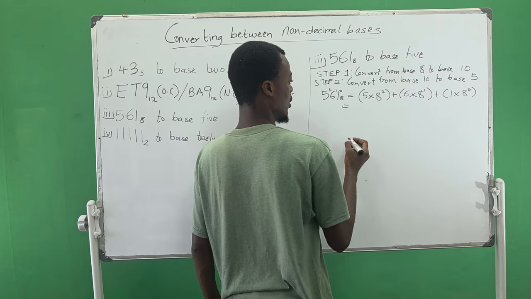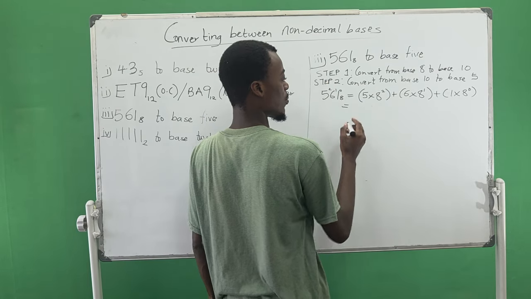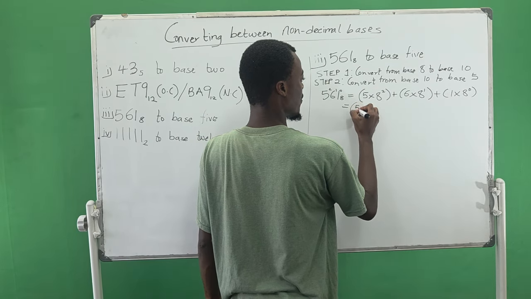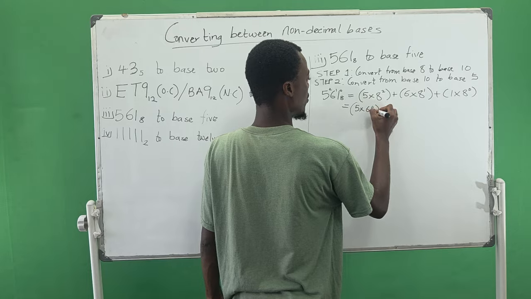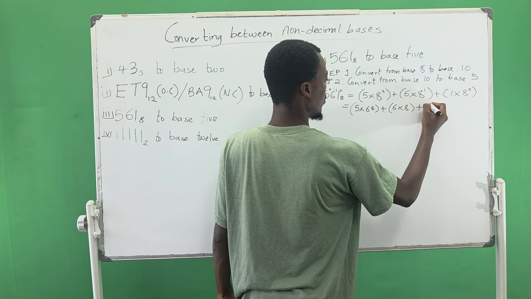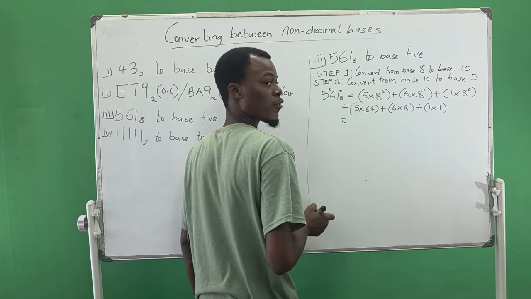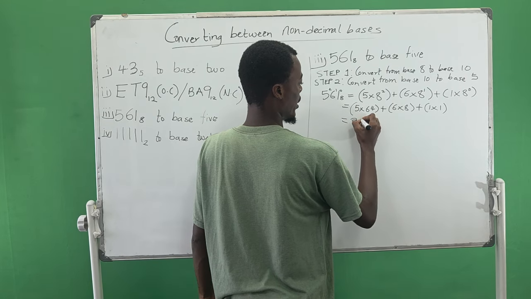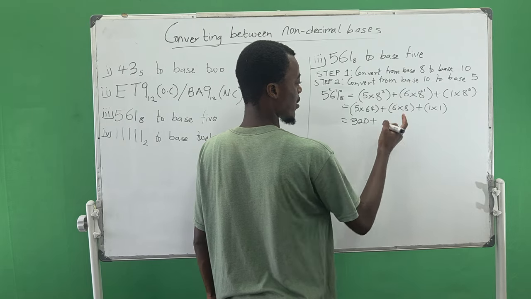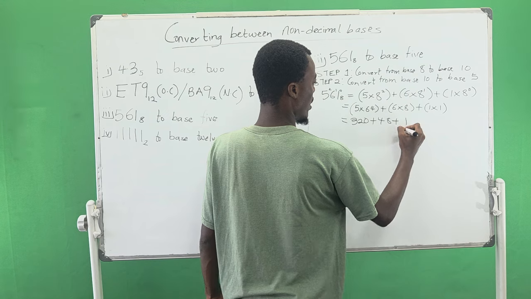So here, don't forget, this is both new and old curriculum. So here 5 times 64 plus 6 times 8 plus 1 times 1. 5 times 64 is 320 plus 6 times 8 is 48 plus 1.